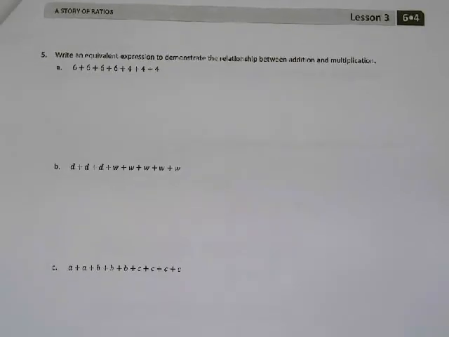Let's continue on to number 5. Number 5 is very similar to what we've been practicing the whole lesson, only this time they're going to incorporate multiple numbers together. It looks like one expression.